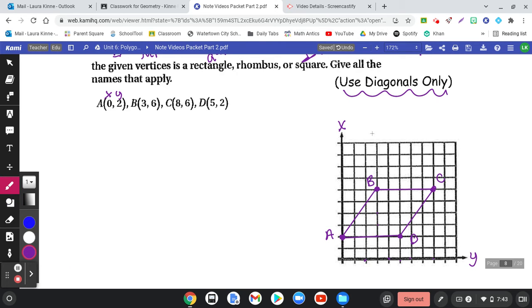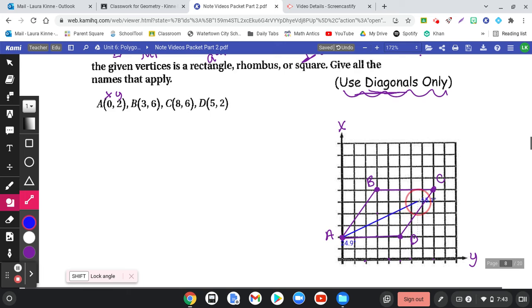So again, it says diagonals only. So let's look at our diagonals. One of our diagonals is AC. Hold on. All right. One of our diagonals is AC, and the other one is BD.